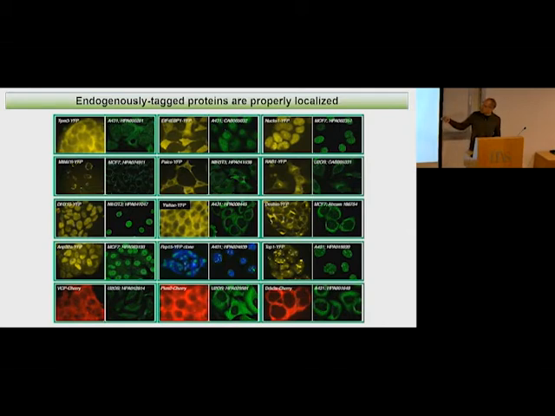These are our YFP clones, and this is the antibody, either from some catalog or from our own staining. In like 25 out of 26 cases or so, we found perfect localization. So even though these proteins are not functional, they are very useful for screening because they report the correct expression and localization of the endogenous protein.